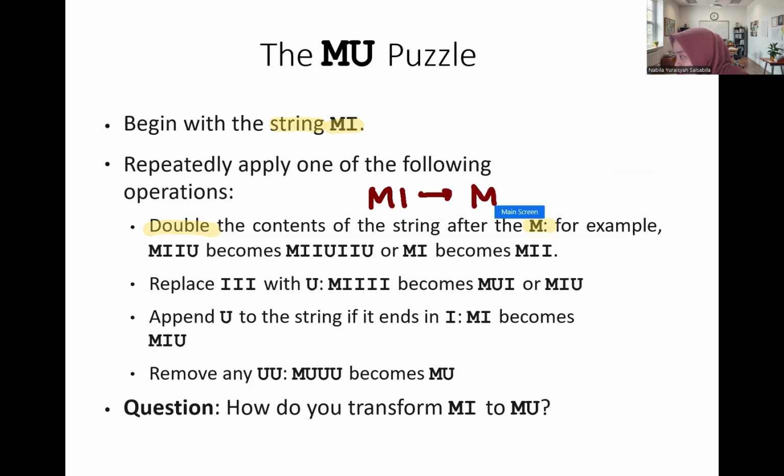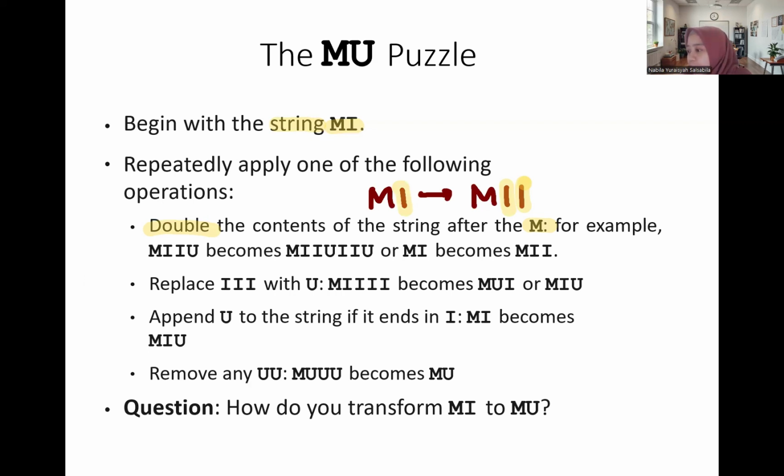Why? Because the content of the string after the M is I, so we need to double the I here. Jadi maksud dari operation pertama adalah kita menggandakan semua konten after the M. Ya, after M.